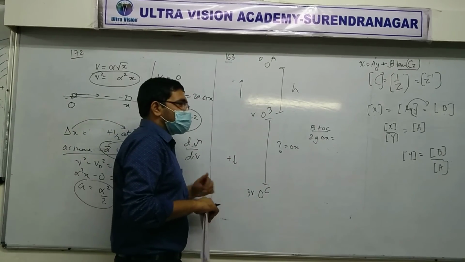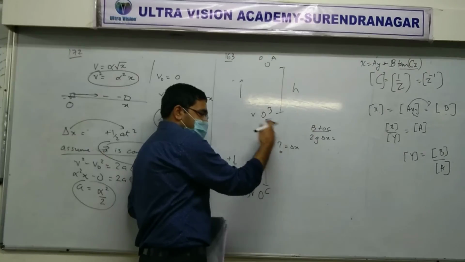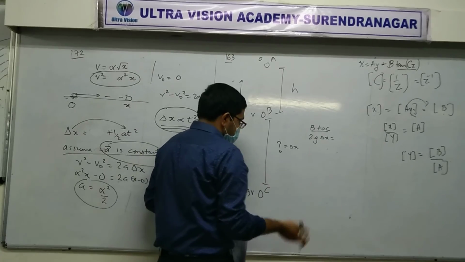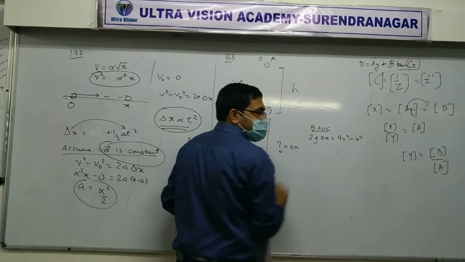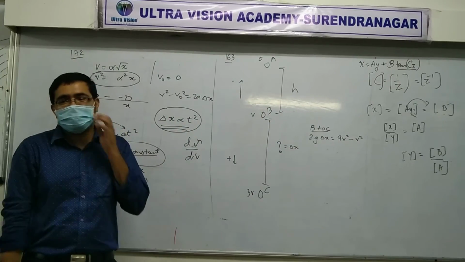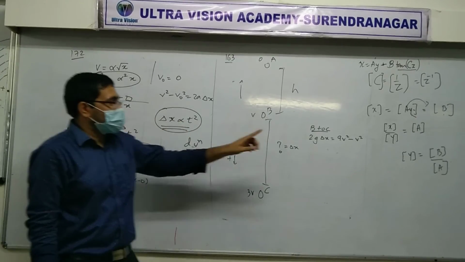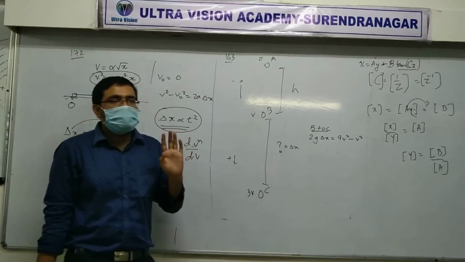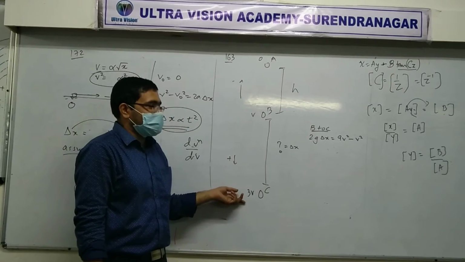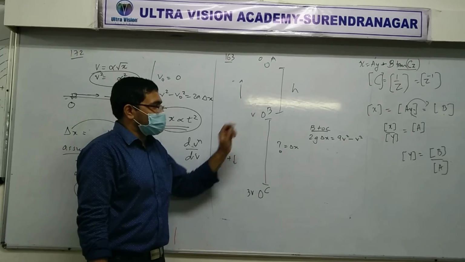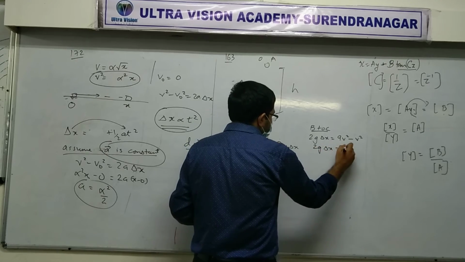Final velocity square minus initial velocity square. Which point is initial and which is final? B is initial. C is final. So what's the final velocity? 3v. 3v square, 9v square, minus initial velocity square v square. Understood? So this gives you 2g delta x is equal to 8v square.